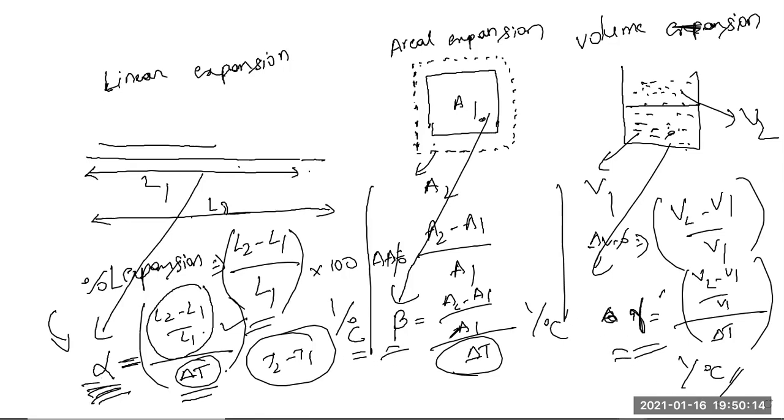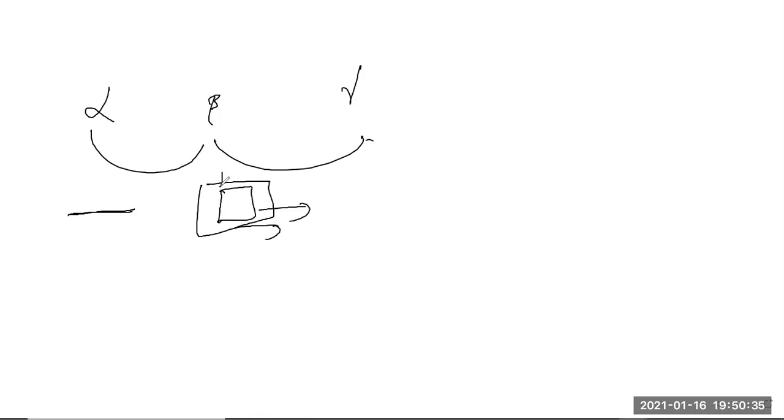So how are these three related, alpha, beta and gamma for the same material? Alpha is changing linearly, beta is changing in two directions, in this direction as well as this direction, whereas gamma is changing in all three directions, x, y and z.